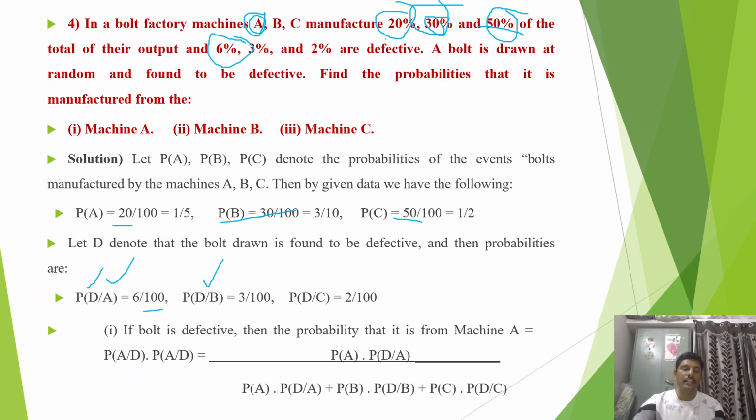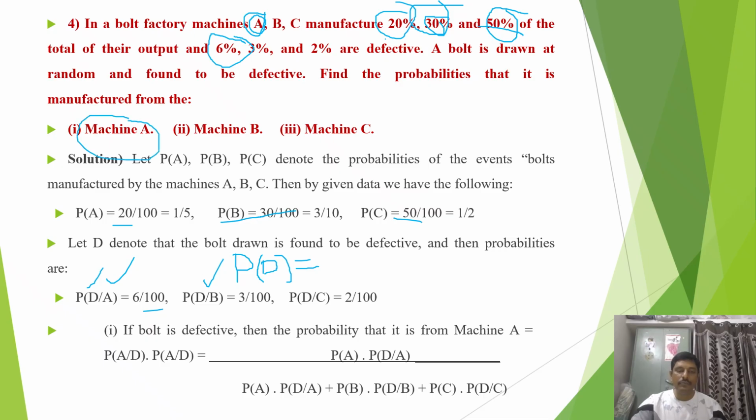Okay, what is the total defective probability? We will find it. P of D by A, P of D by B, P of D by C are given. So first we can find P of D. It is not asked in the question, but we need to find it for finding these values.